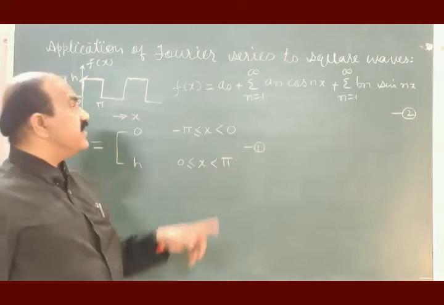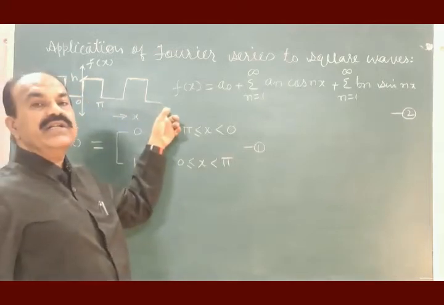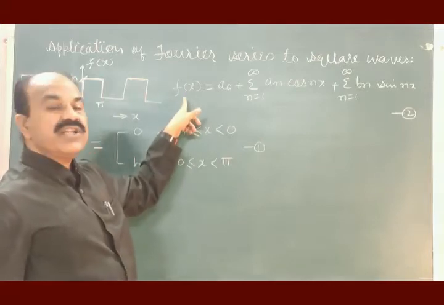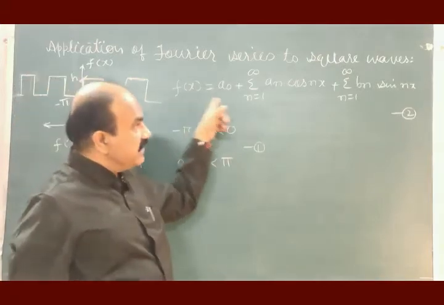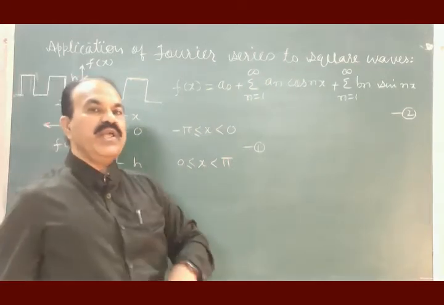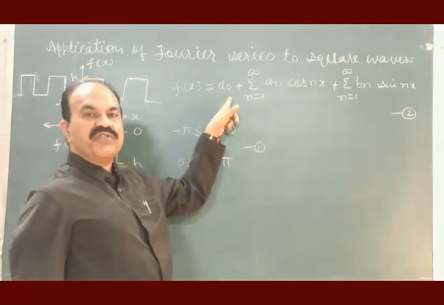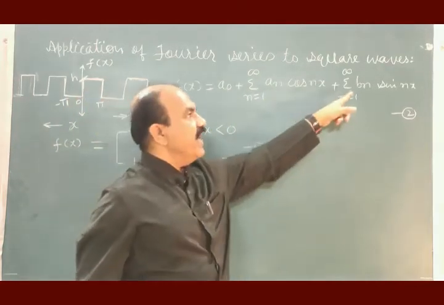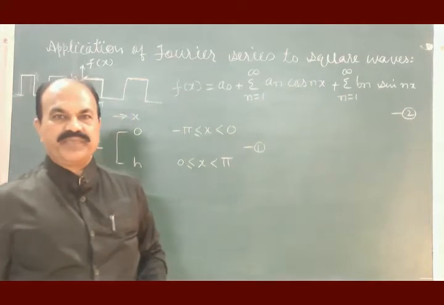To express the square wave as function f of x in terms of Fourier series, we need to evaluate value of coefficient a0, value of coefficient an, value of coefficient bn.